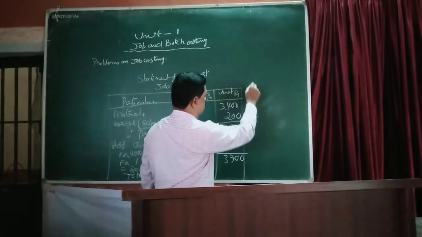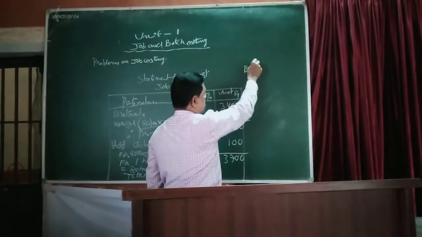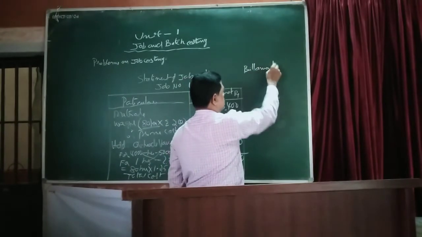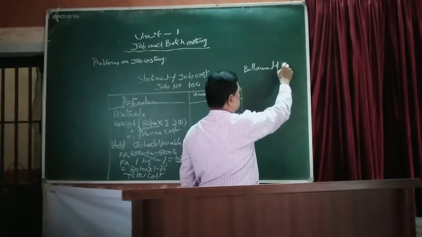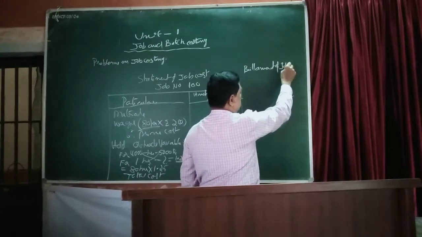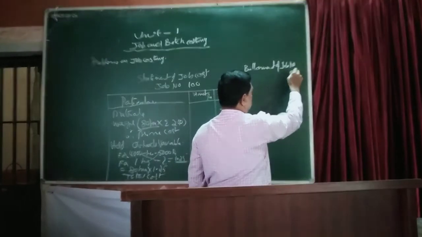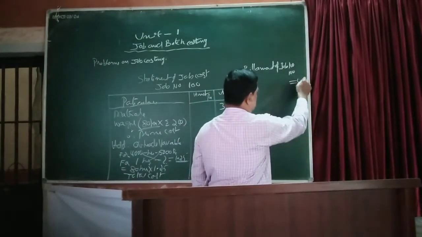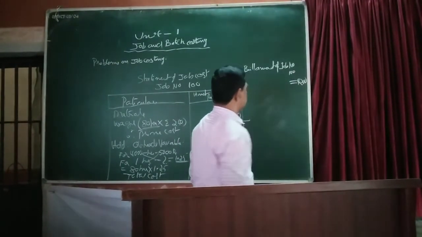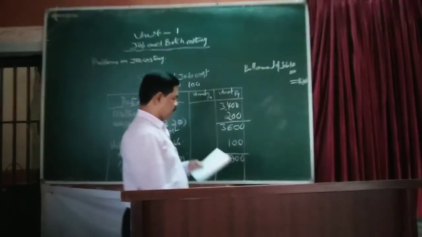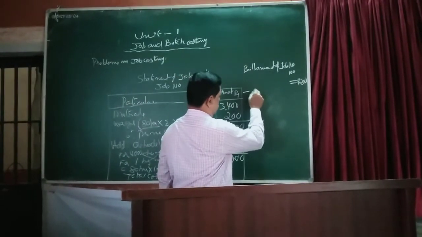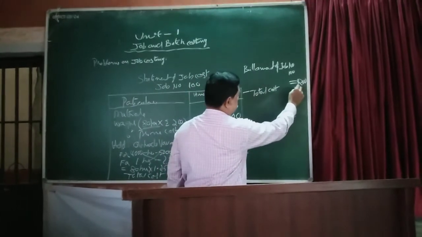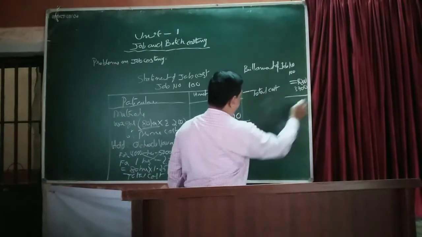While continuing this, bill amount of job number 100 is equal to 4,200 rupees less total cost 3,700.